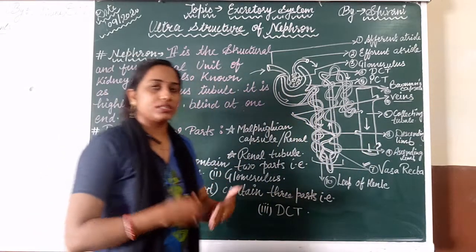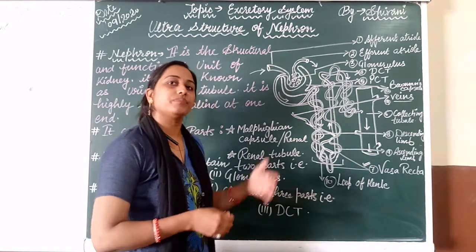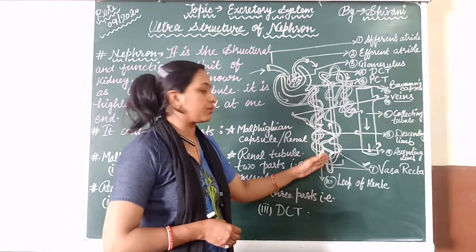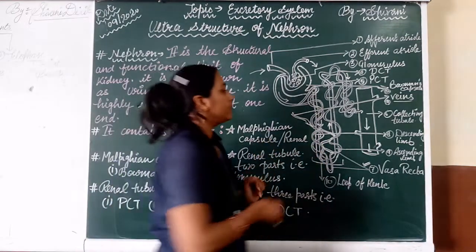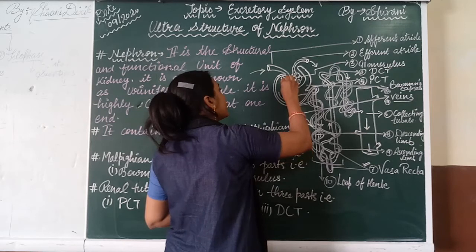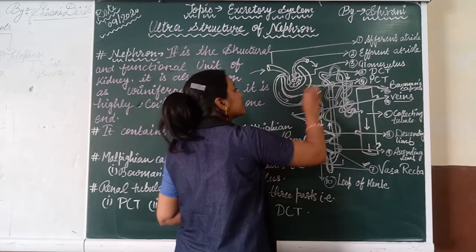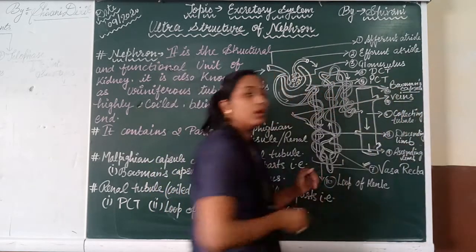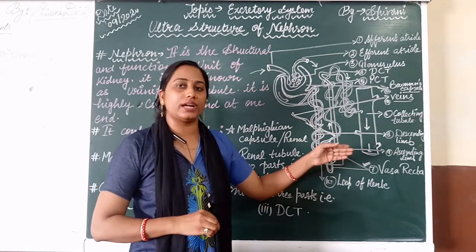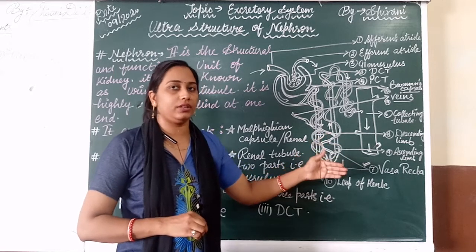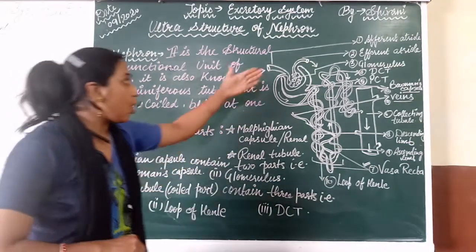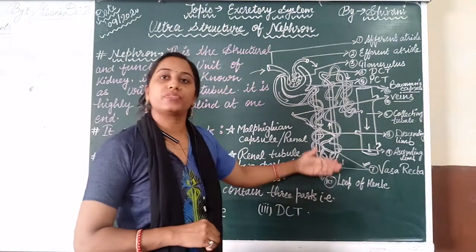From there, deoxygenated blood will pass out from the structure of nephron, and there is this cup-shaped structure, known as the Bowman's capsule. Again, Bowman is a person who studied that structure, so it has been given his name. That is all about the labeling of the nephron.